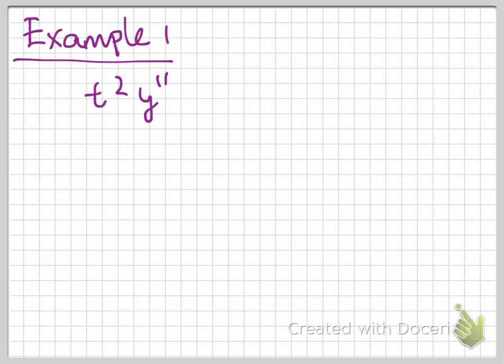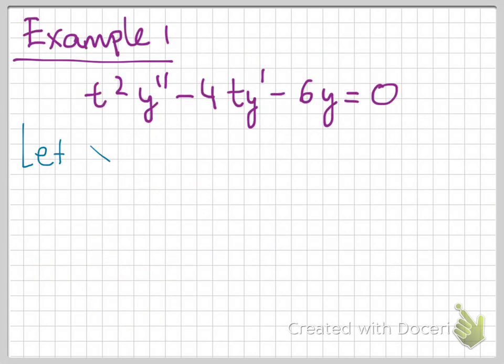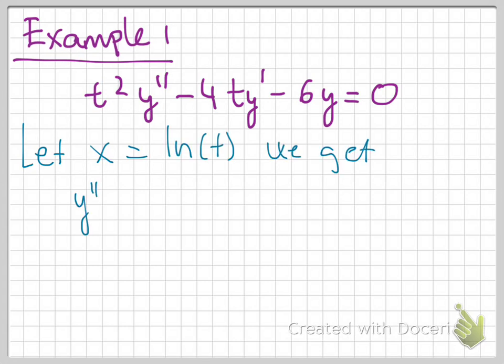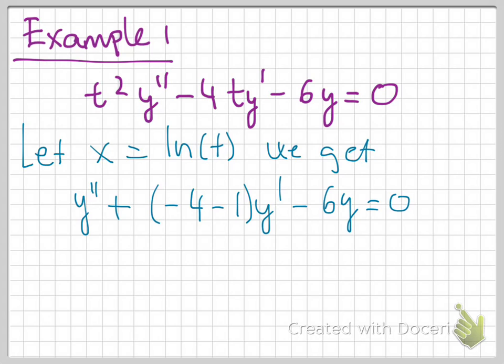Let's do an example here. The first example: solve t squared y double prime minus 4t y prime minus 6y equals 0. Notice that this is an Euler equation. t squared is the coefficient of y double prime, and alpha here is negative 4, and beta here is negative 6. Remember the form: t squared y double prime plus alpha t y prime plus beta y equals 0.